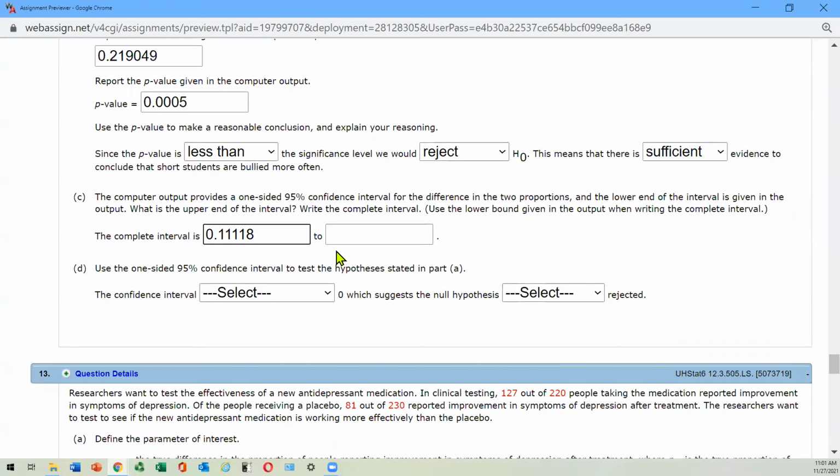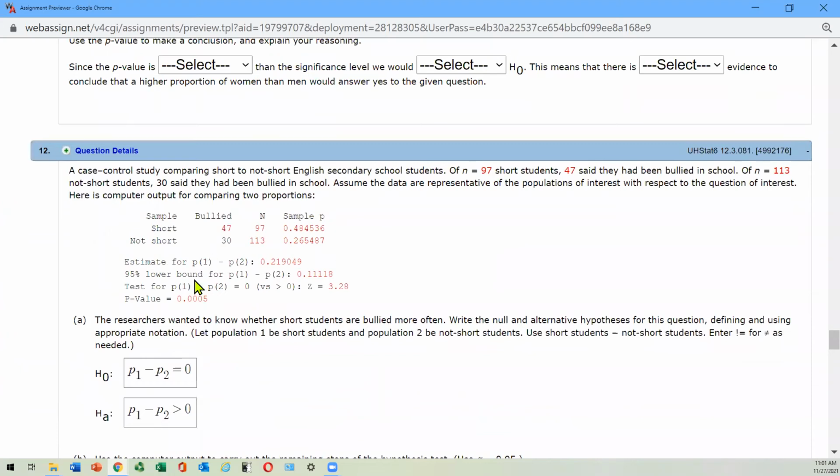Now, what we're told is the lower bound, not the upper bound. Now, if you think about this, this guy is going to be in the middle, and this guy is the lower bound. If I can find the difference between these two, I'm just going onto my calculator and finding out what the difference between 0.219 and 0.49 is.